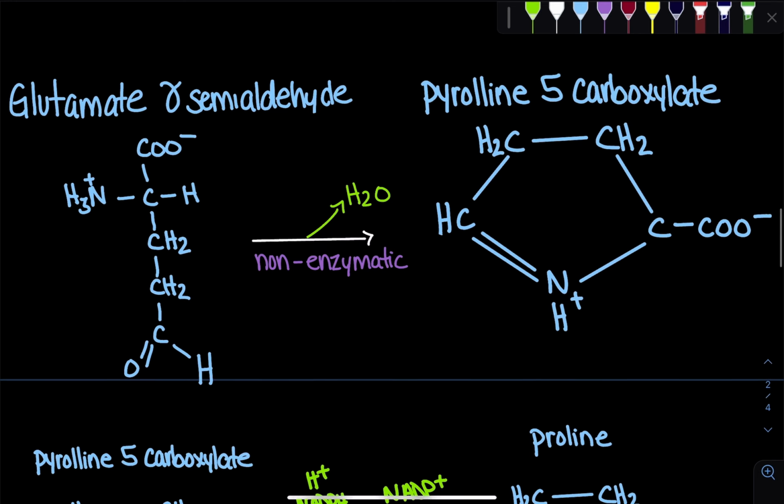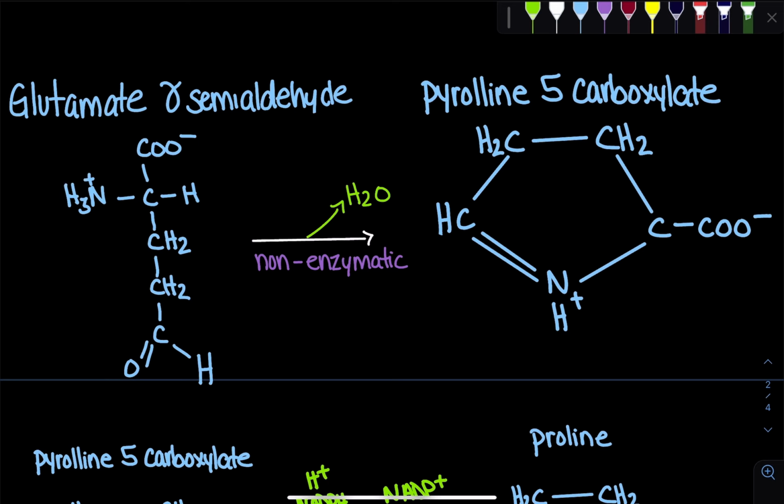So when this happens, we get this cyclic structure, and initially we have a double bond between this nitrogen and this carbon. But let's first orient ourselves so we can understand how the cyclization occurred. So when this nitrogen forms a bond with this carbon, they're going to come together, and as a result, this carboxylate group is turning this way with the nitrogen.